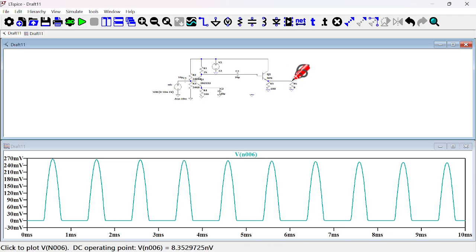Alright, so the issue is we can see that there's no current flowing through our IC; if you look down here, it's in nanoamperes. That's the first thing we look at when troubleshooting, and it tells us that the voltage at this node is not enough.